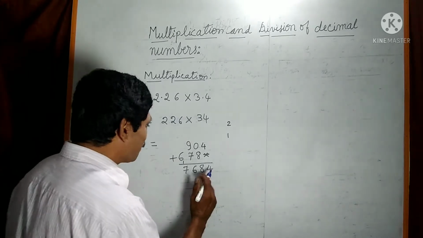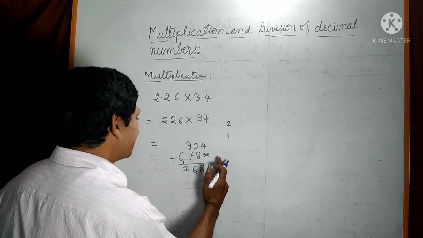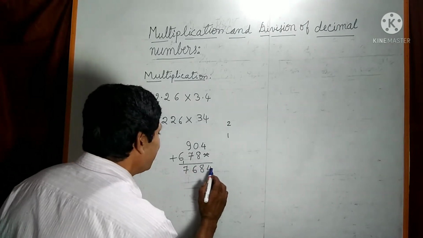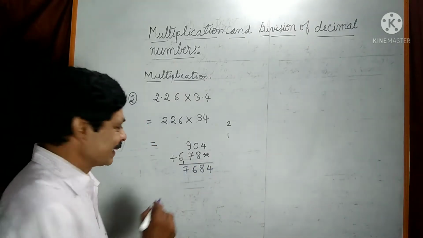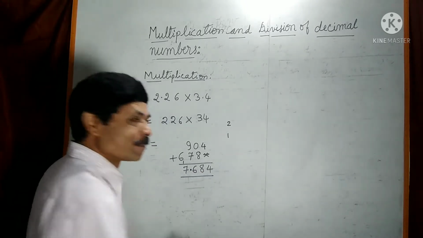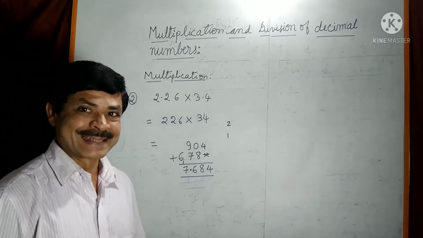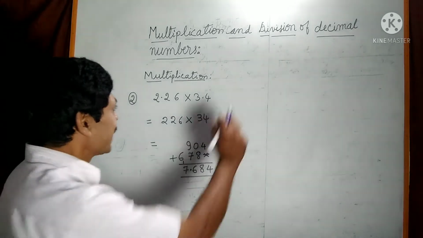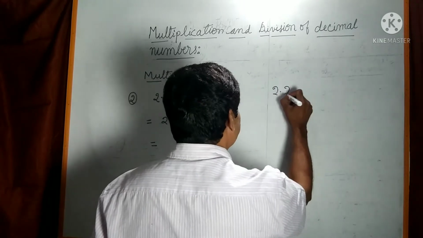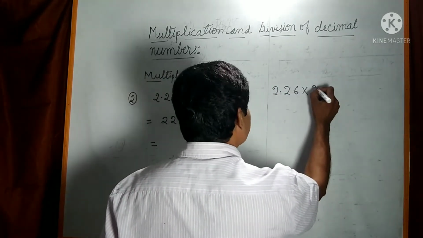So we have to put the decimal point after 3 digits from right towards left. 1, 2, 3 digits, and we put the decimal point here. This is your answer.